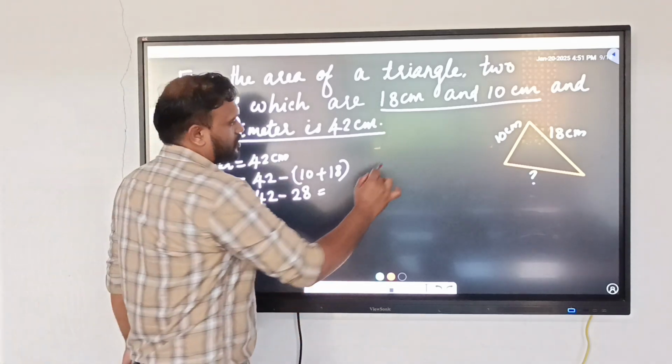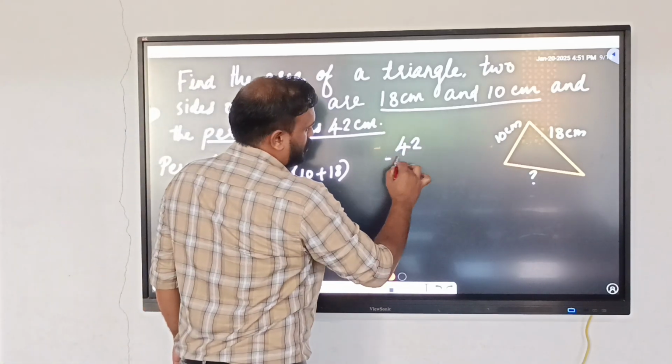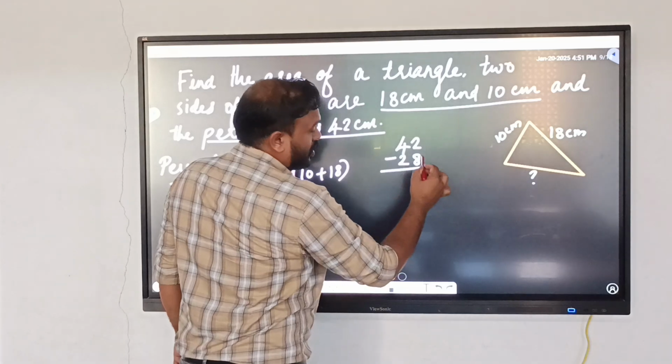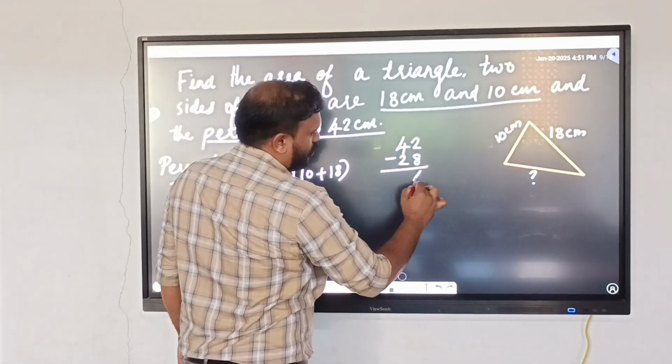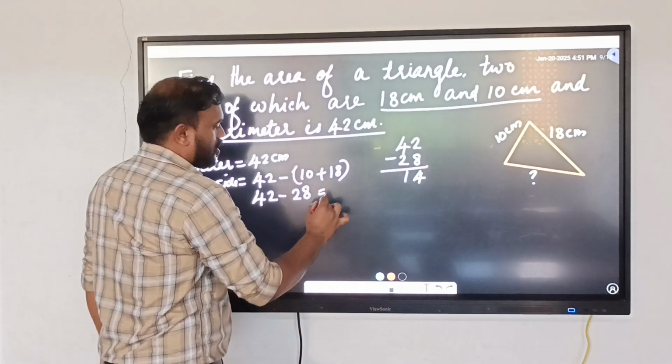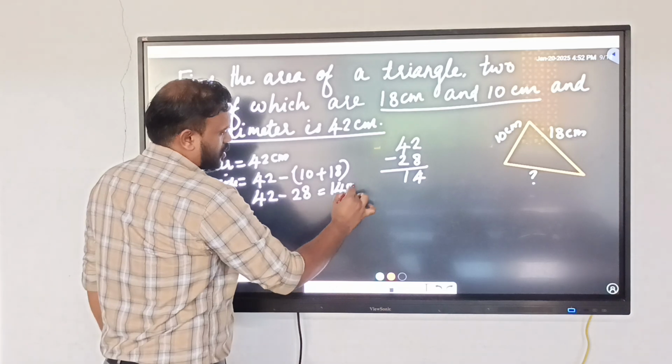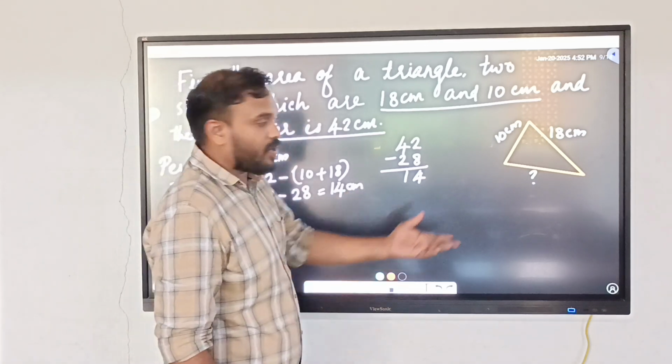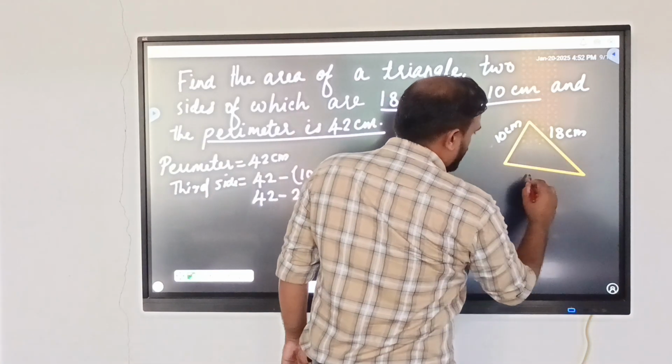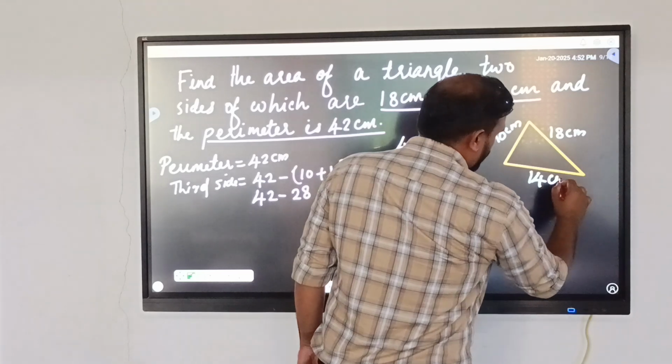Let us find it. Then here will be 4 and this will be 1. So we got 14 centimeter. The third side is 14 centimeter.